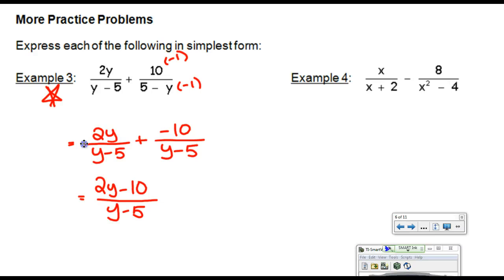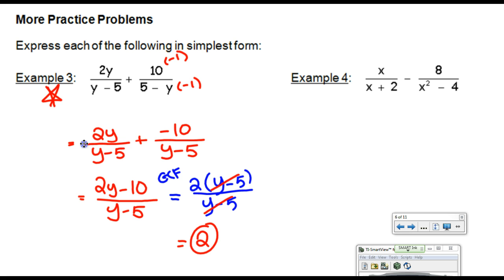So we'll try to factor it and see if there are any like terms. There is a GCF of 2. Factor out the 2, you get y minus 5. And they both have a y minus 5 factor in each numerator and denominator. And that reduces to 2.